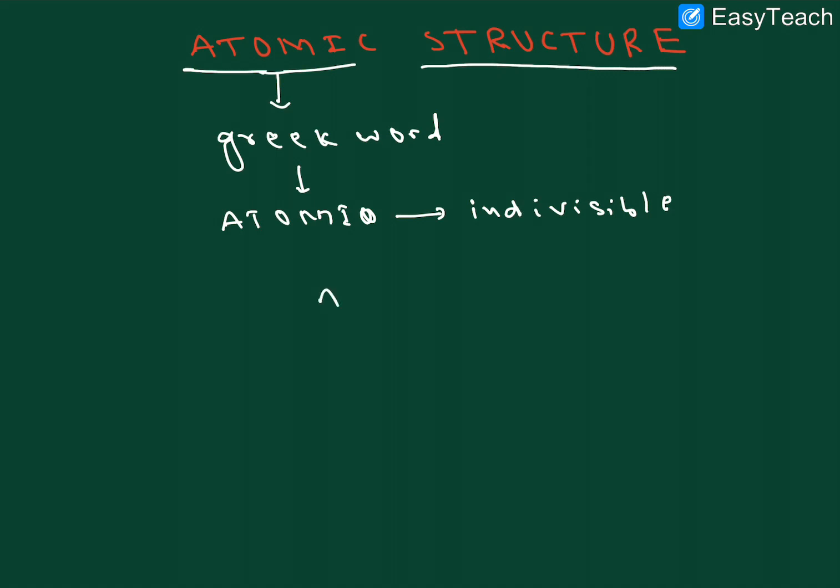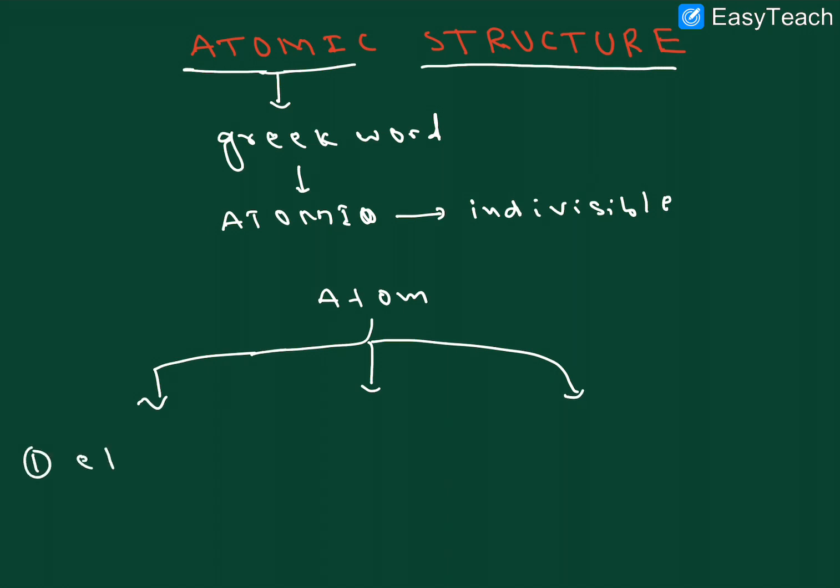An atom has subatomic particles. Mainly three subatomic particles are important. The first one is the electron, the second one is the proton, and the third one is the neutron.